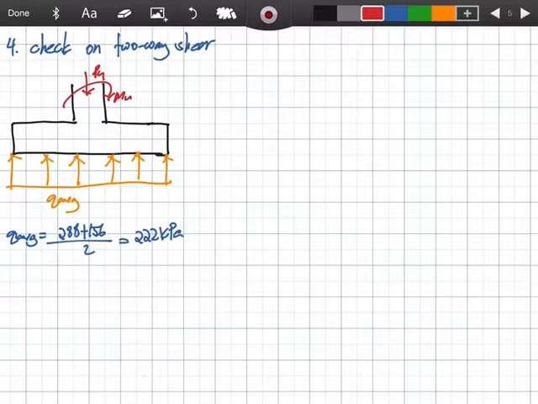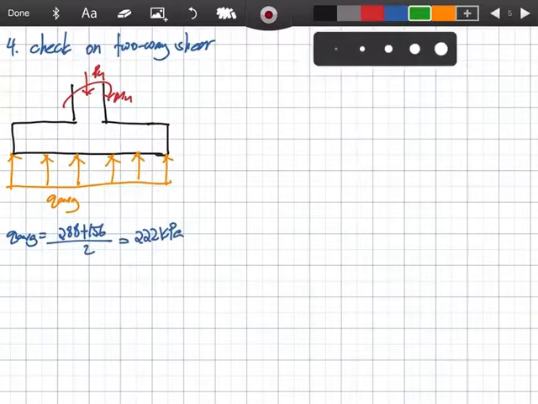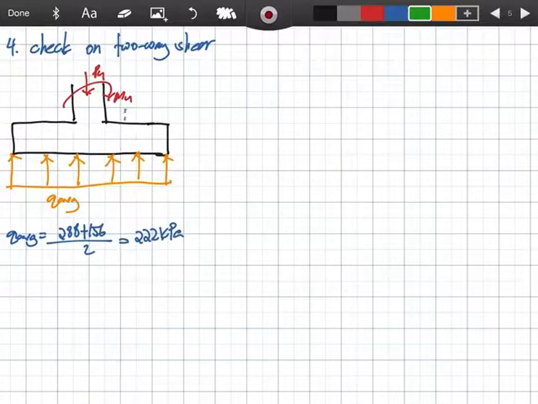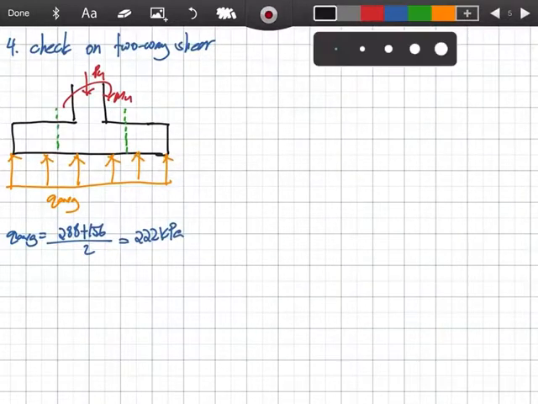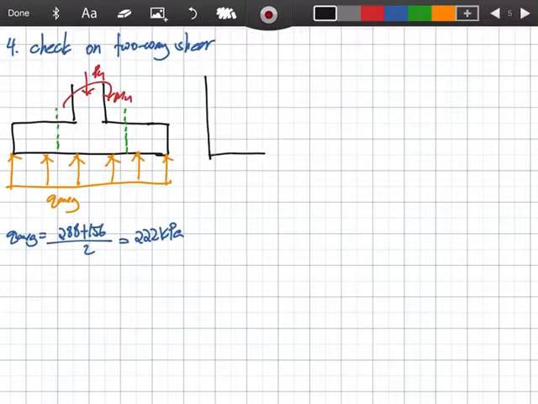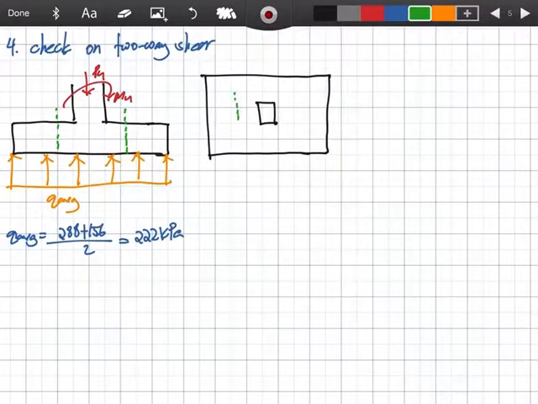So, asan ang critical ng ating two-way shear? d over 2 from the face of the column on all sides. Pag ito-drawing natin yung kanyang top view, ang ating critical ay ganito. So, punching niya yan.